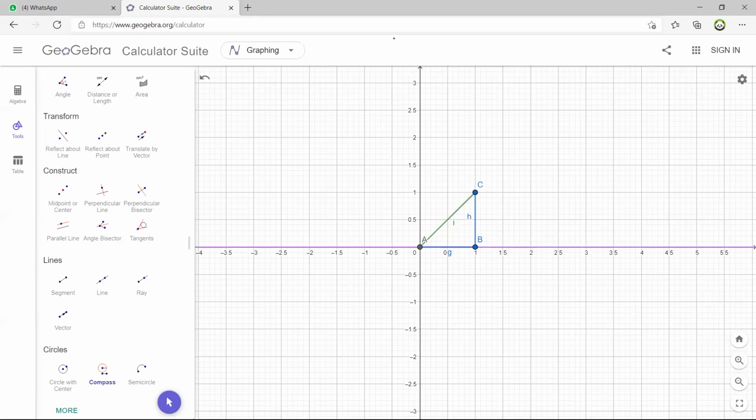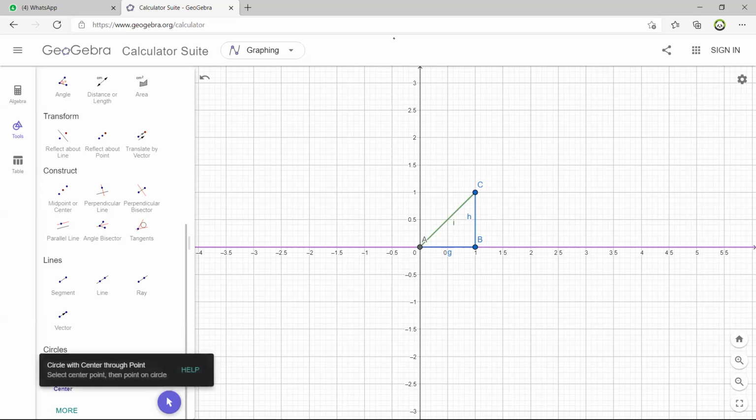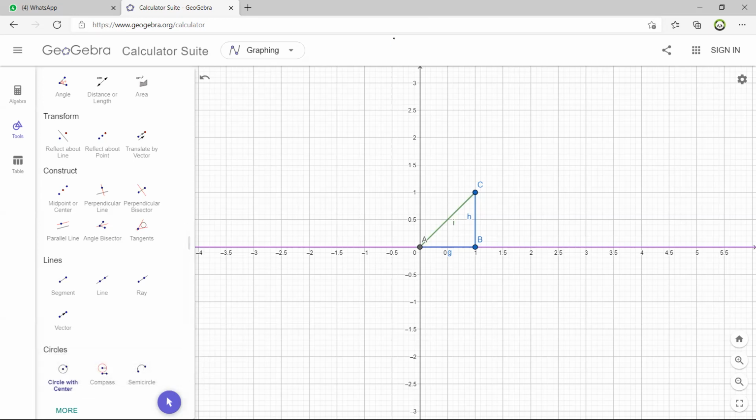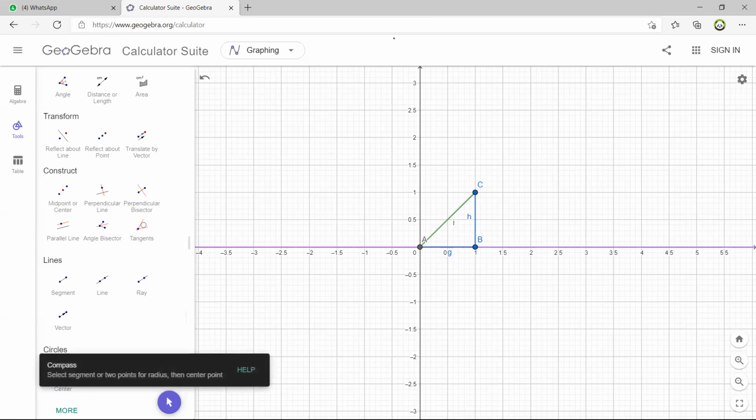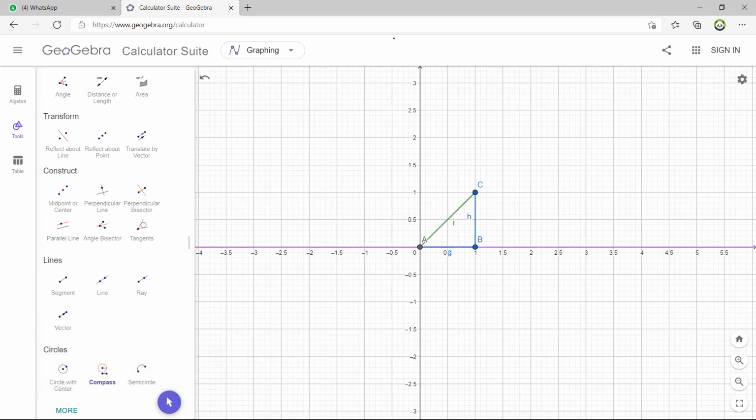Now with that same radius, you're going to drop an arc on the purple line. So let's see what it looks like now. So this is my segment. This is the radius that I have.